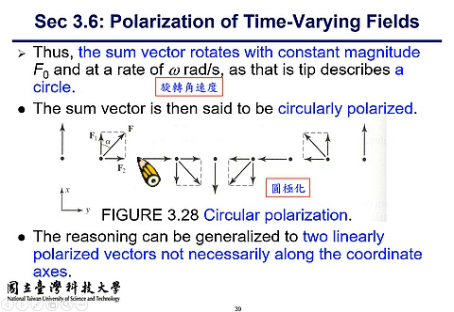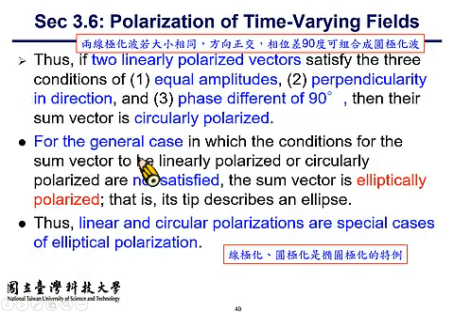That is, the magnitude remains the same as it rotates, and the rotating speed complies with the specified angular frequency. So if two linearly polarized vectors satisfy the three conditions, as we already checked in the previous example, that is equal amplitudes, perpendicular in direction, and phase difference of 90 degrees, then the sum vector of the two linearly polarized waves can form a circularly polarized wave.